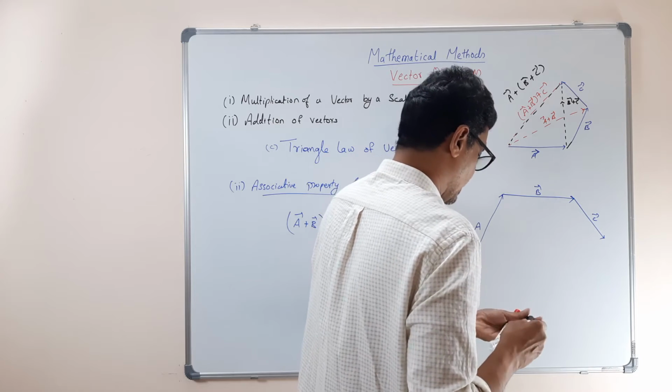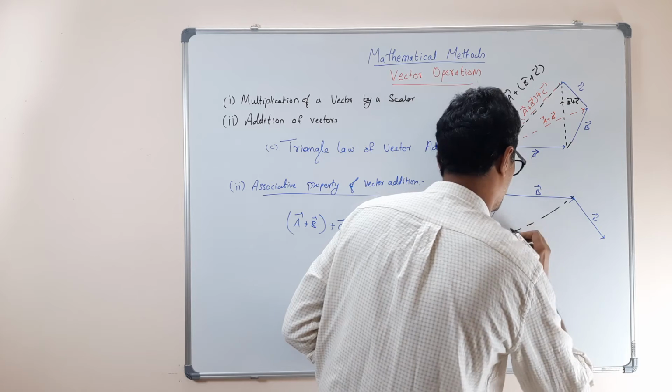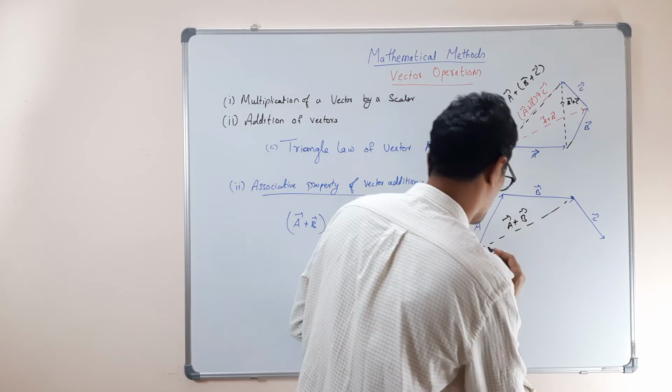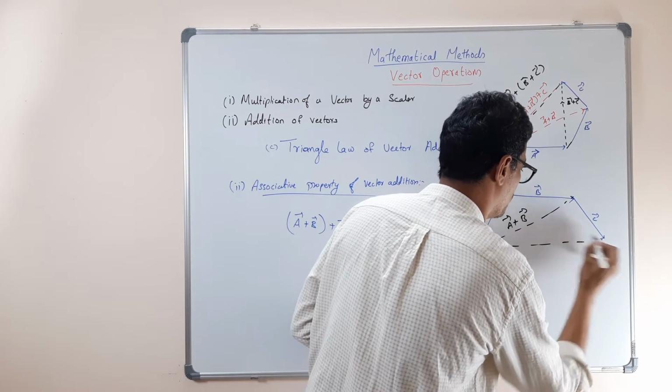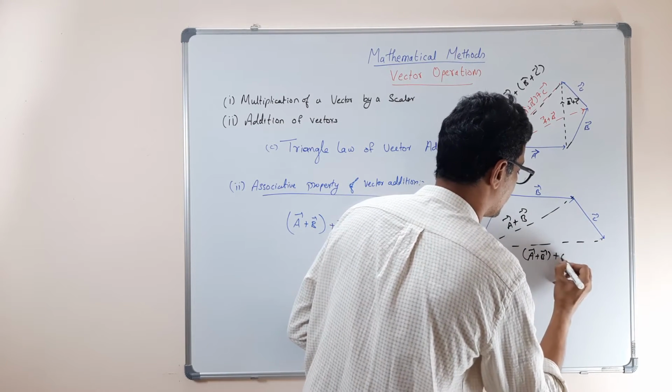So how to get the resultant vector? First one is join these two, this will be A vector plus B vector, and then join these two. Okay, so this will become A vector plus B vector plus C vector.